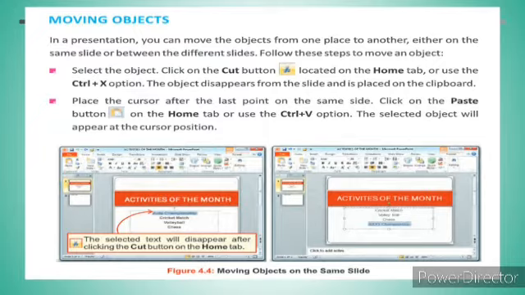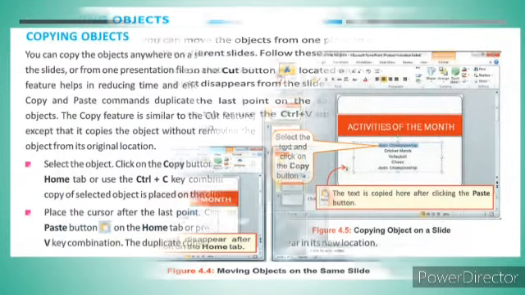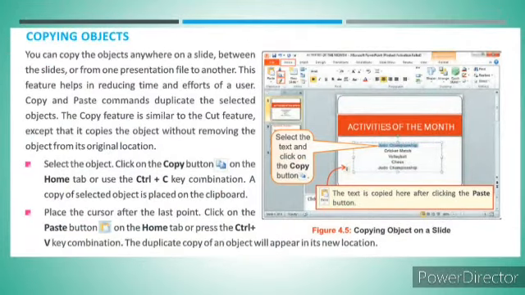Select the object, click on the cut button located on the Home tab or use Ctrl+X option. The object disappears from the slide and is placed on the clipboard. Place the cursor after the last point of the same slide. Click on the Paste button on the Home tab or use Ctrl+V option. The selected object will appear at the current cursor position.